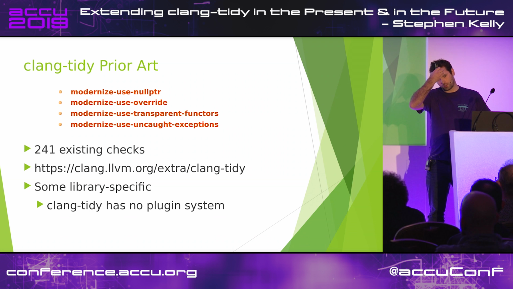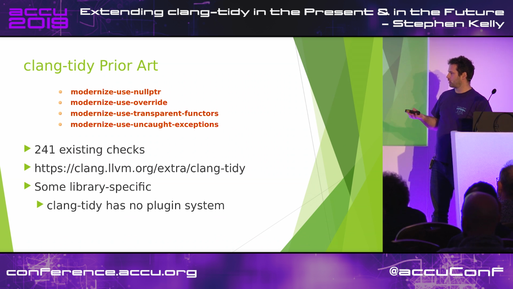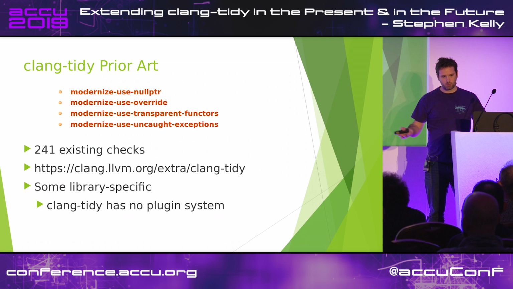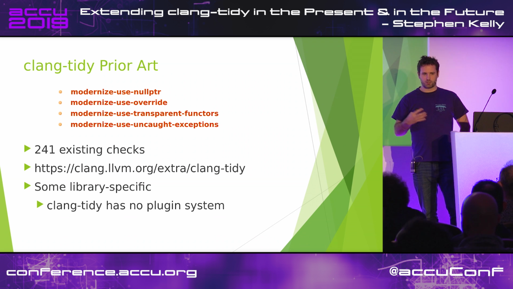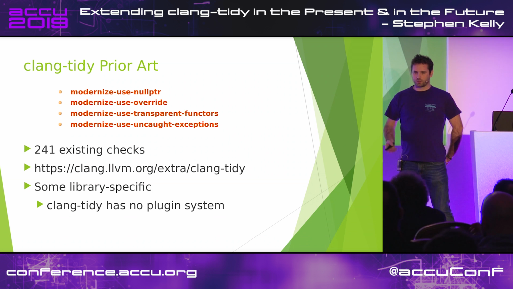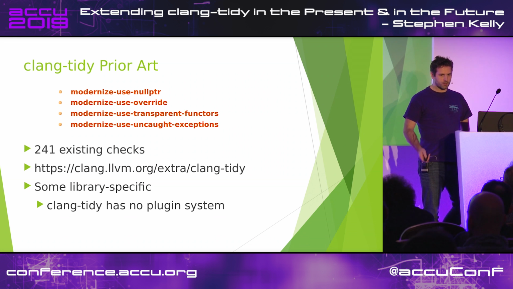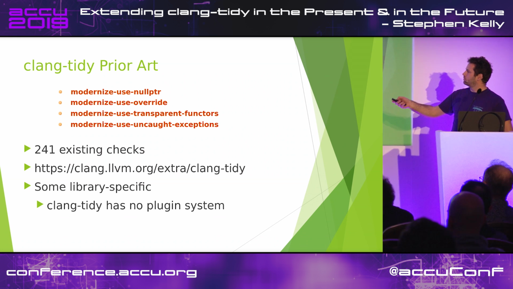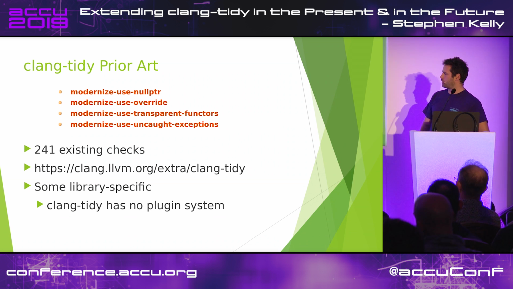Because clang-tidy has no plugin system, you have checks in clang-tidy for Abseil and for Boost and this and that, which may not apply to your code because of the developer policies for those libraries. But there are dozens of checks which would be useful for your code, particularly the ones starting with modernize. If you want to modernize your code, this is a nice automatic way to do that.